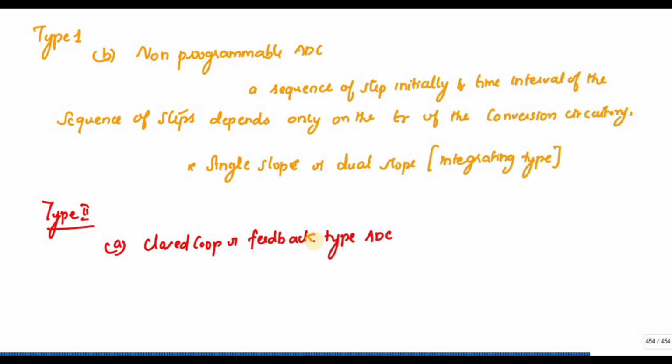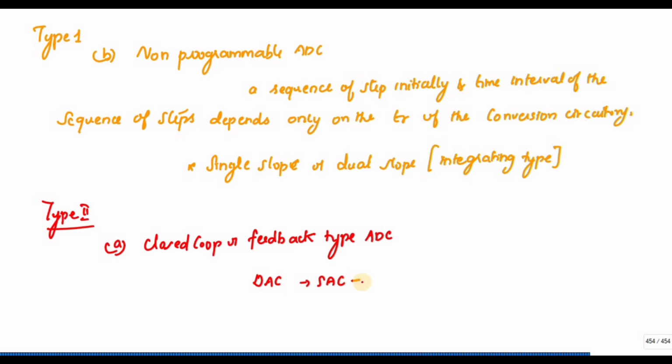Since it is a closed loop, a feedback type ADC, it requires a DAC. For example, the successive approximation technique has a DAC, right?